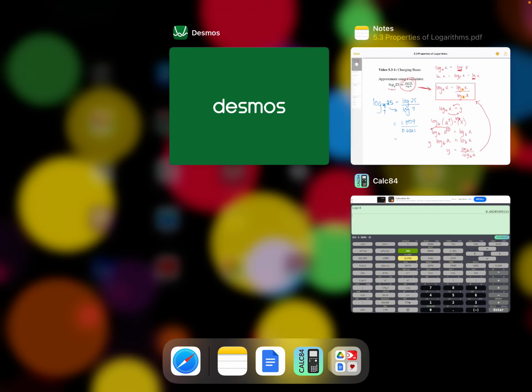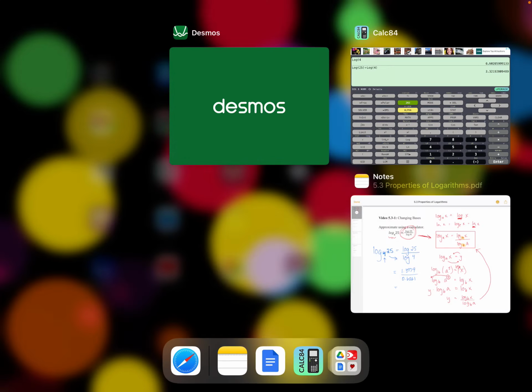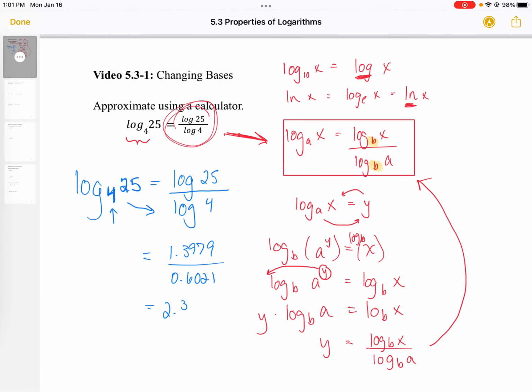And then we could just go ahead and calculate that. Or we could have done it all in one step: log of 25 divided by log of 4. And you get 2.3219.